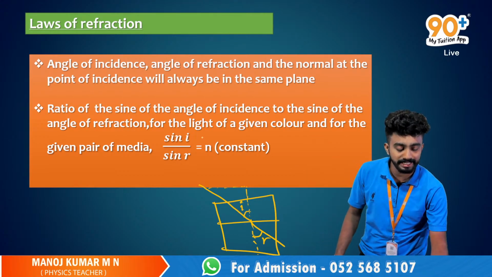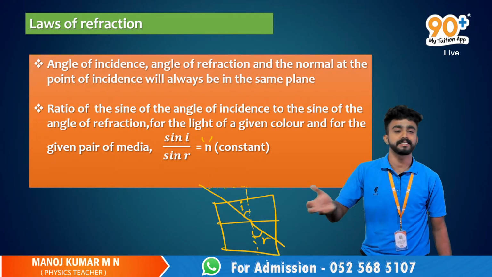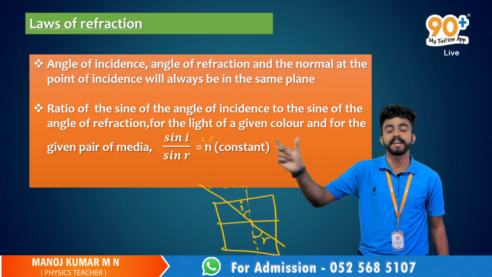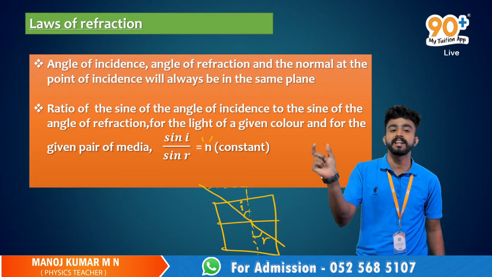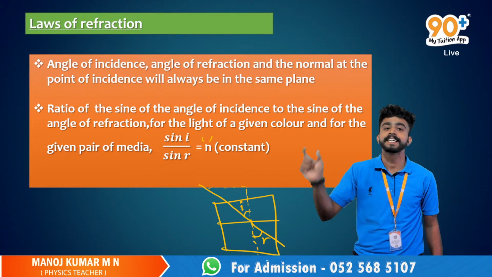So that constant is termed as n. That is a constant, some general constant, which we are referring to as a variable denoted as n.